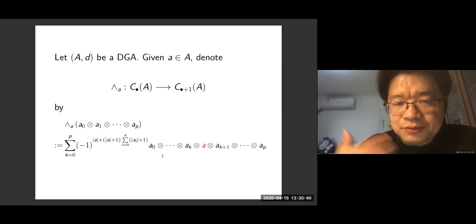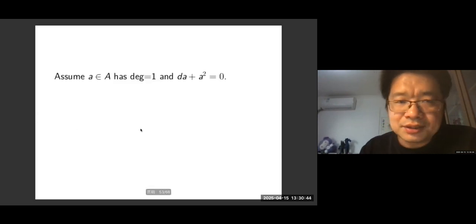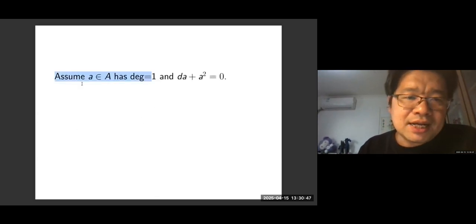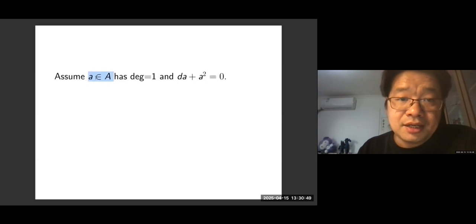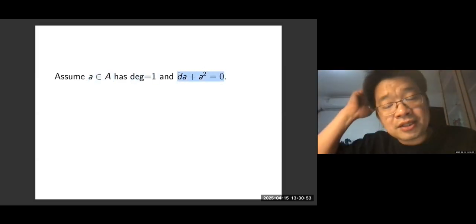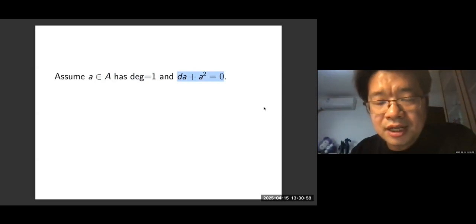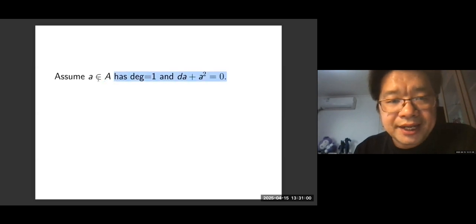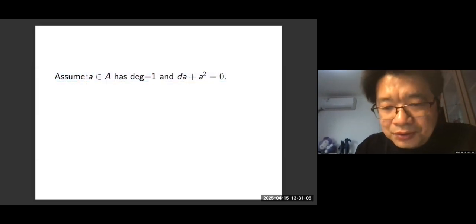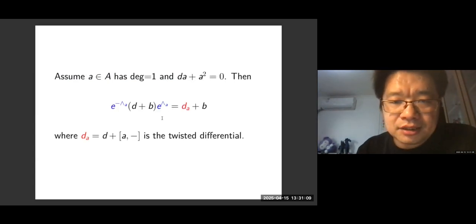With the help of this operation, you can define a twisting construction as follows. Suppose I have an element A of degree 1 which solves the flatness equation, the Maurer-Cartan equation. Then I can use this particular A to do a twisting construction by taking a conjugate by this operation.